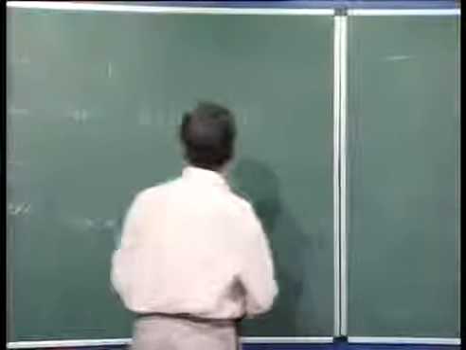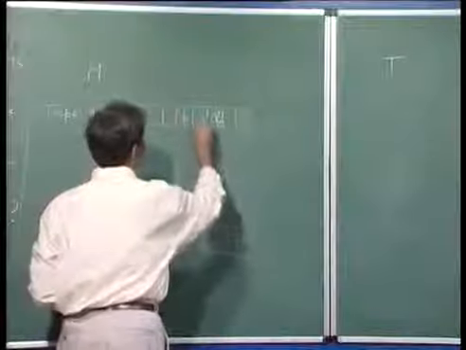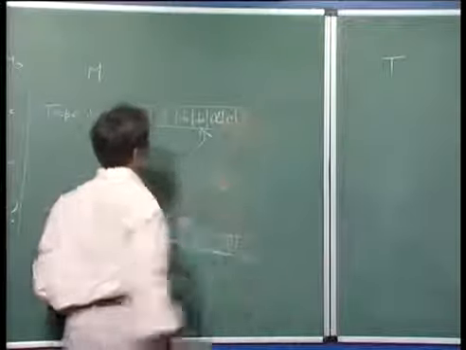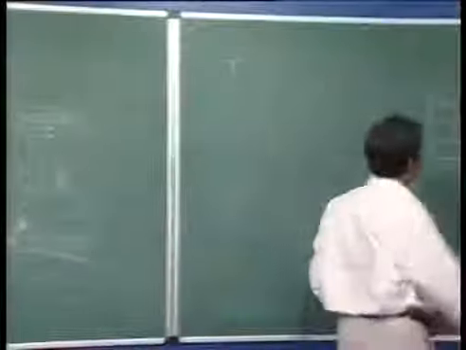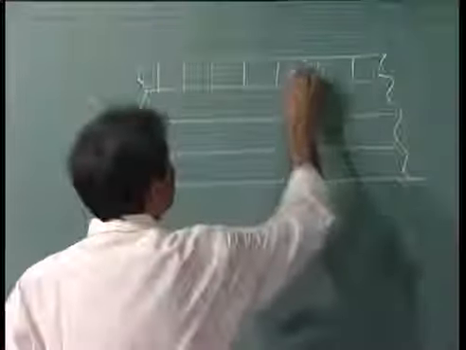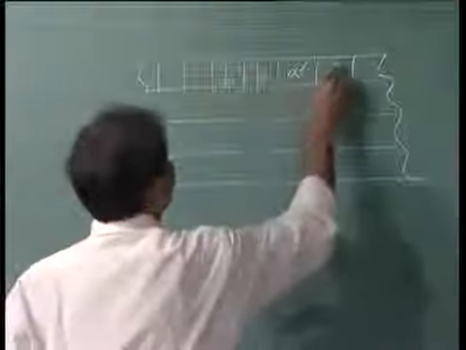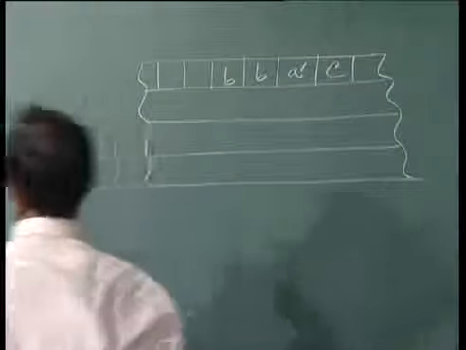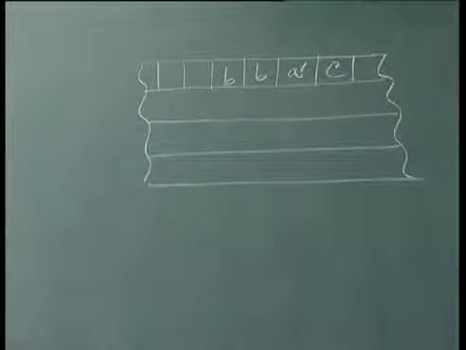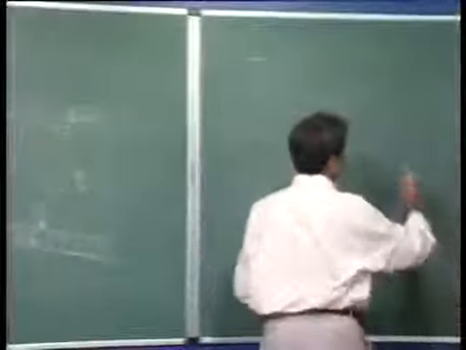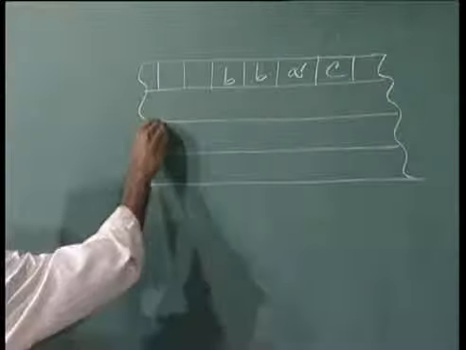So, for example, here somewhere we will have the contents of tape 1, and contents of tape 2 will be written in the third track.